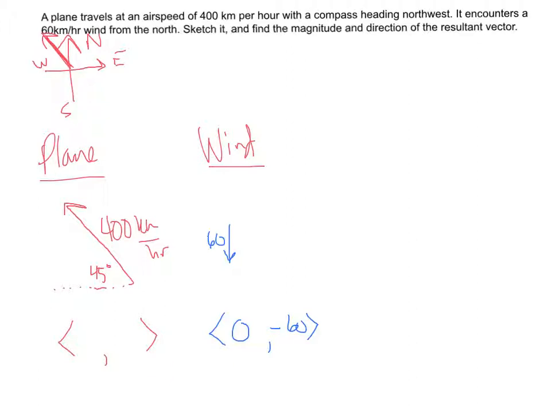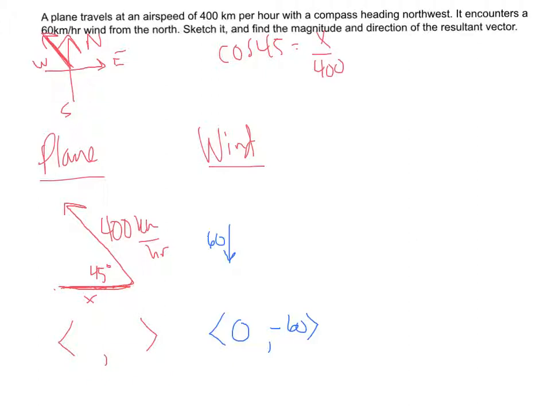The plane, we're going to have to do a little bit of math to figure that out. So to find the x component of the plane, the x side is the adjacent side, the 400 is the hypotenuse. So we're going to do cosine of 45 equals x over 400.